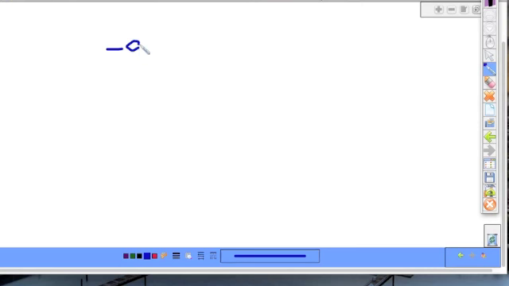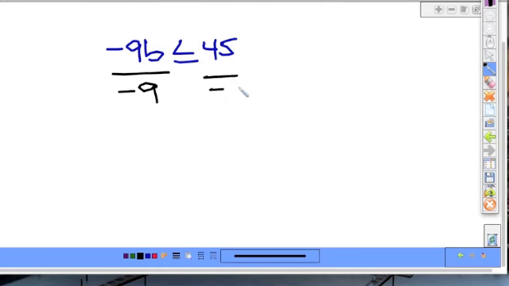We have negative 9b is less than or equal to 45. Okay, so we want to get the variable by itself, so we're going to divide by negative 9, divide by negative 9. These cancel, and we get b is something to negative 5. Now, let me give you a little hint.